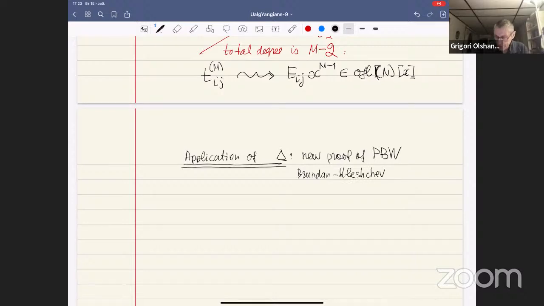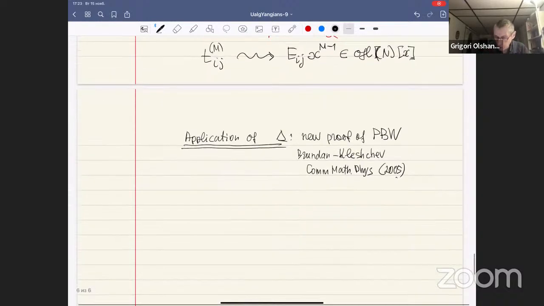There are papers in Communications in Mathematical Physics. This paper contains some quite non-trivial material, but it contains also another proof of the Poincaré-Birkhoff-Witt theorem.